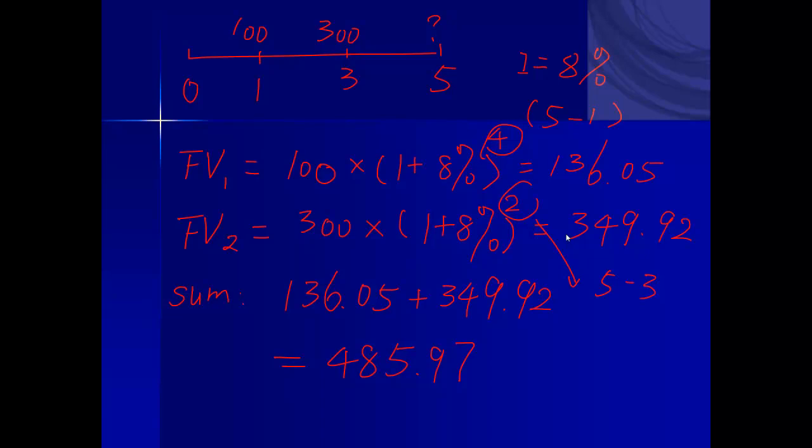For the second cash flow 300, future value equals present value 300 times 1 plus interest rate 8% to the power of 2, which is 5 minus 3. After obtaining the cash flows, we simply add them up and get the future value of these 2 cash flows as 485.97.